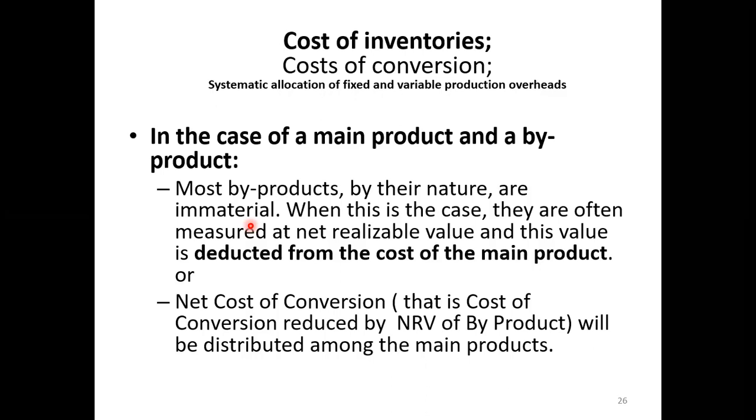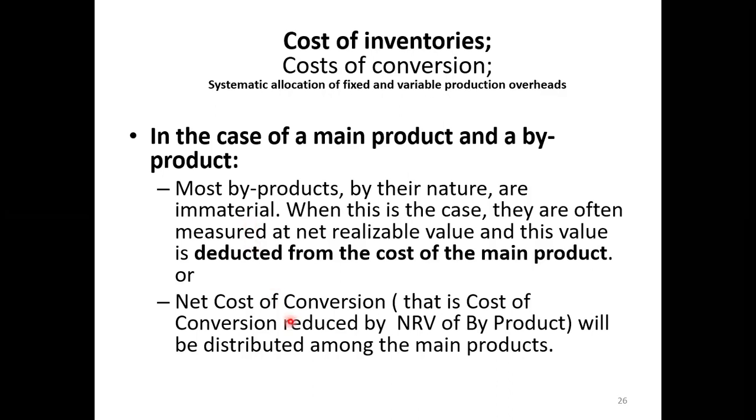For example, you produced an item X, the main item. The cost of the main item is 200 rupees. There is some wastage, and the net realizable value of the waste is 10 rupees. Now the cost of the main product is 200 minus 10, equals 190 rupees. That's simple, right?